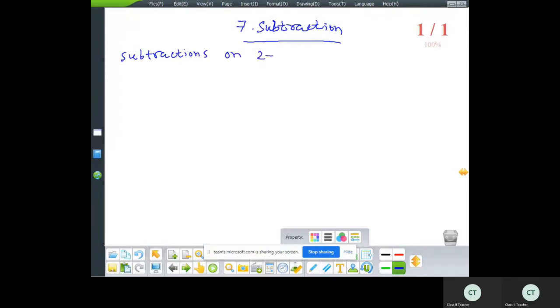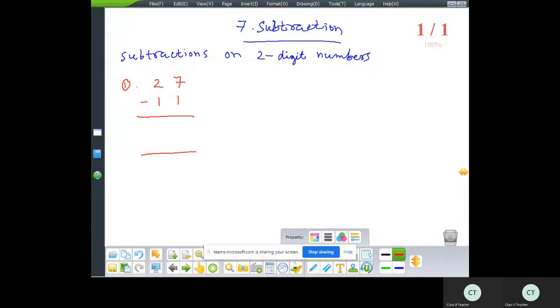Subtraction on two digit numbers. First one, 27 minus 11.